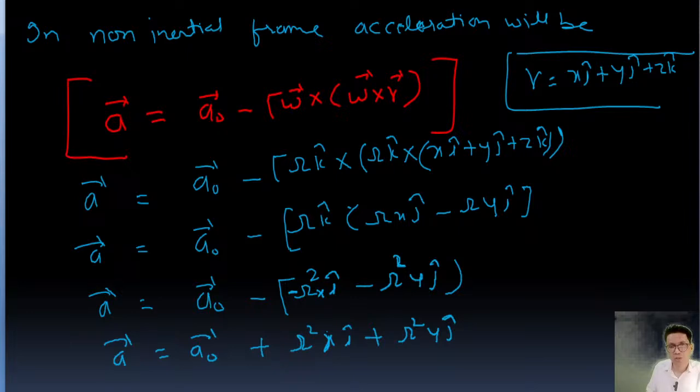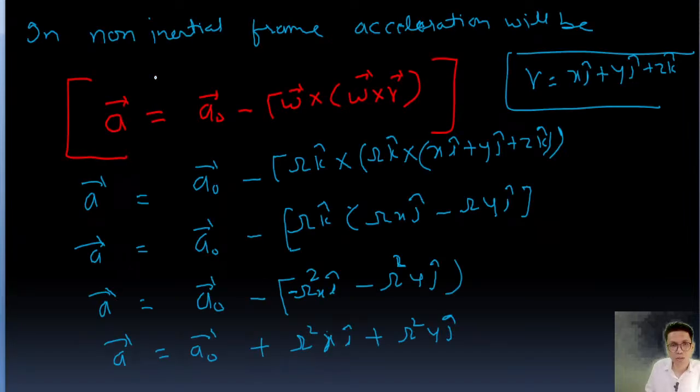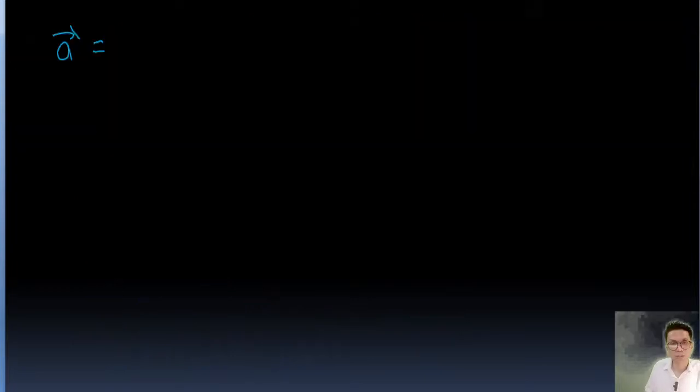It's a very good question, guys. It is a non-inertial related problem. So now we can put in the a naught value. The a naught value is this one, because there are only x and y, the z component is going to be 0.